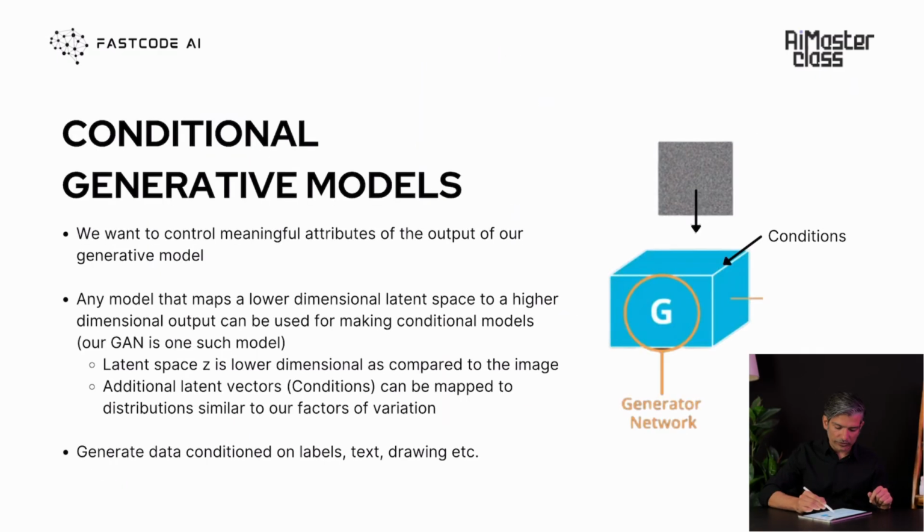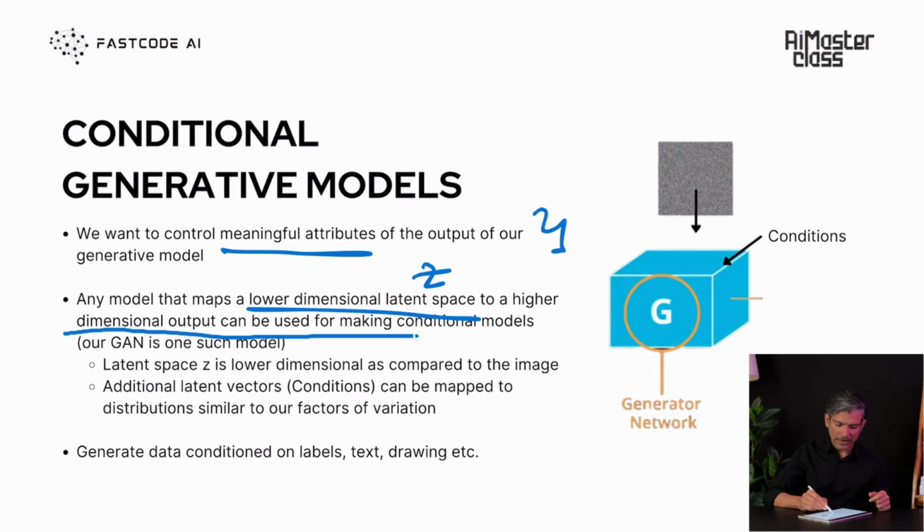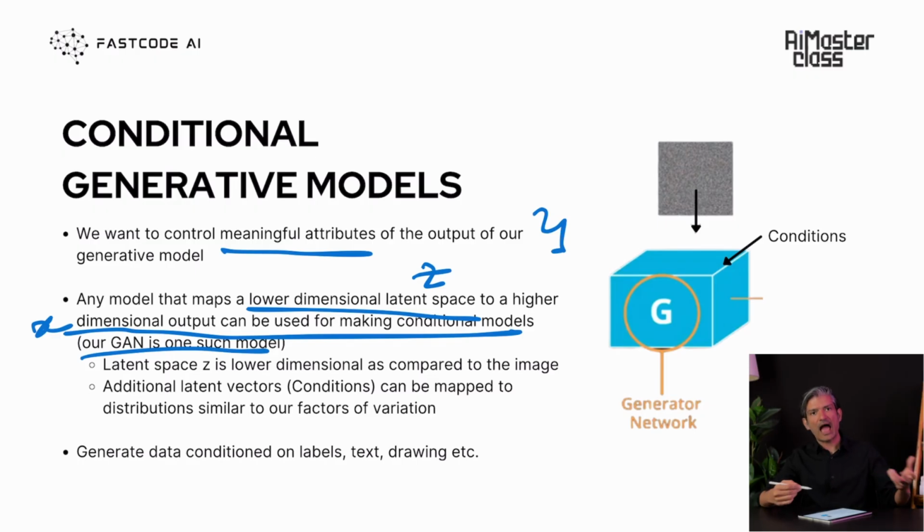So what we want to do is control meaningful attributes of the output of our generative model. And we know that any model that maps a lower dimensional latent space, which is Z, to a higher dimensional output can be used for making conditional models, and this higher dimensional output is X. Our GAN happens to be such a generative model.